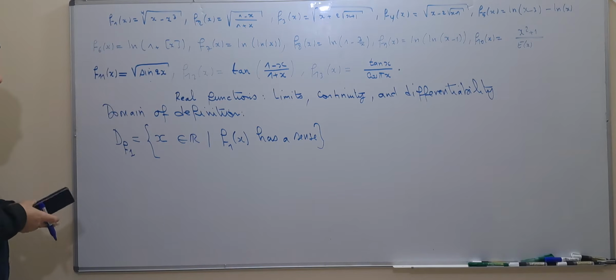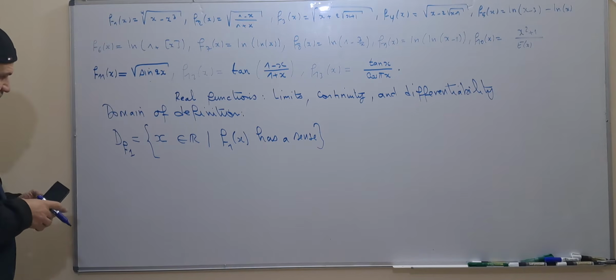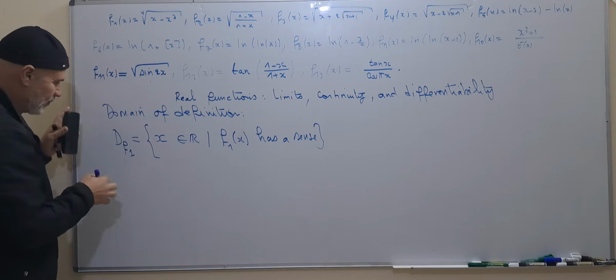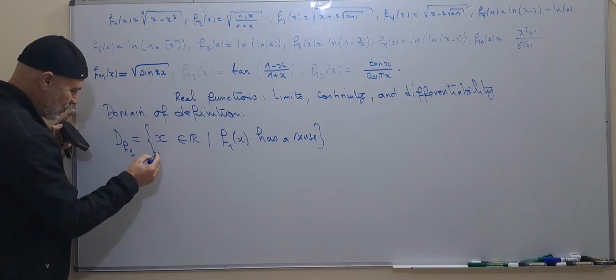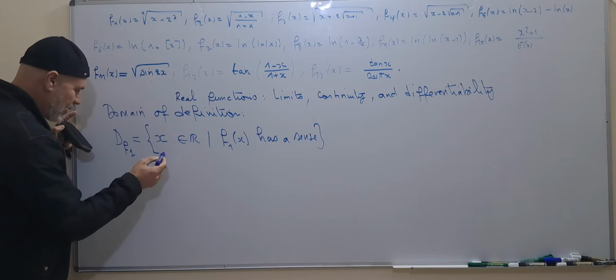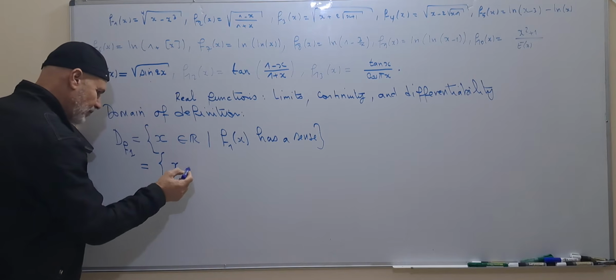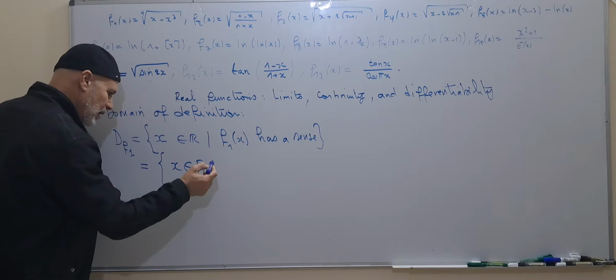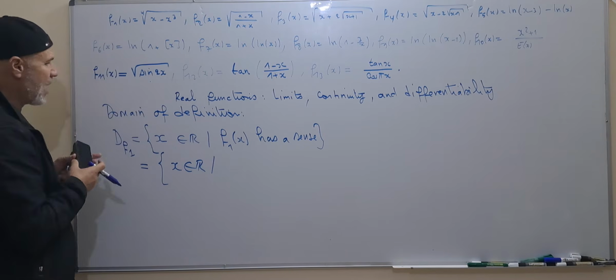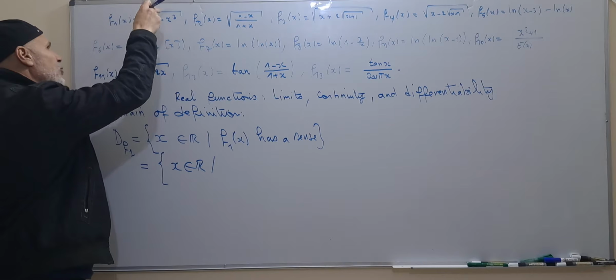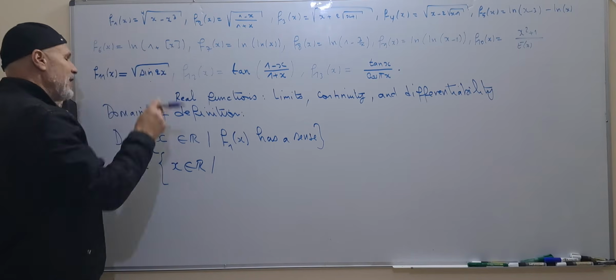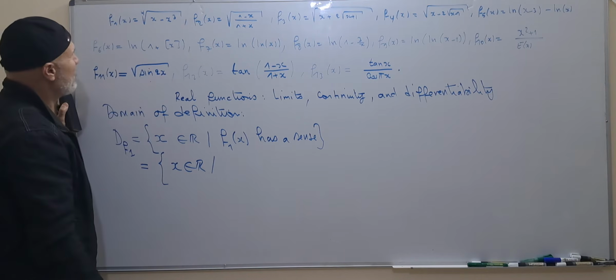Can make sense. This is equal to x from R, such that the fourth root of x minus x power 3 makes sense.